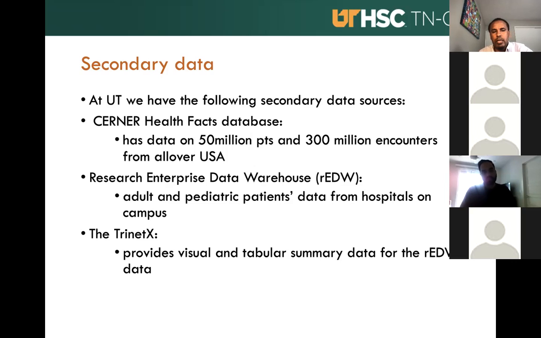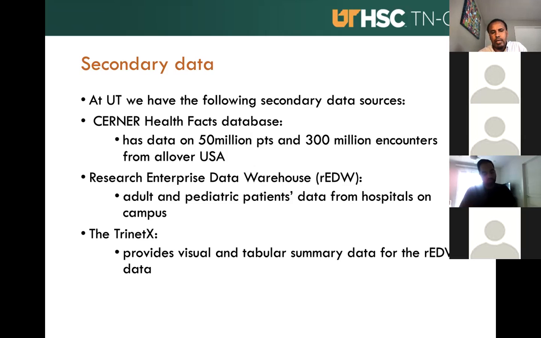The other one is the Research Enterprise Data Warehouse. This has data on adults and pediatric patients from hospitals on UT campus. So this is electronic health record data from hospitals on UT campus, or hospitals that have a relationship with the University of Tennessee.